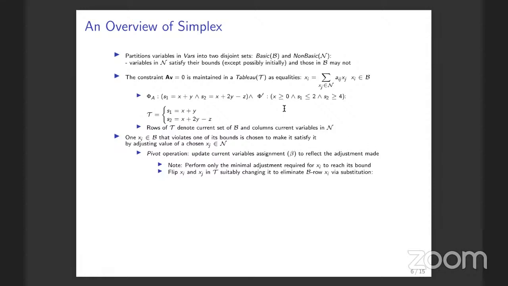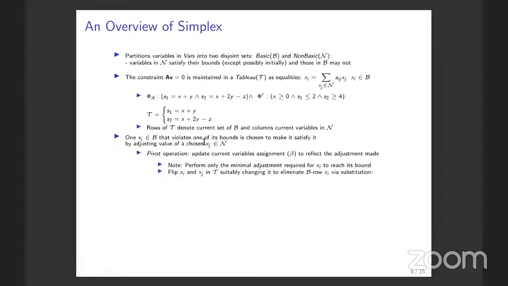For example, if your current assignment was assigning 0 to all the variables, here x, s1, and s2, then S2 would be violated because 0 is not greater than or equal to 4.